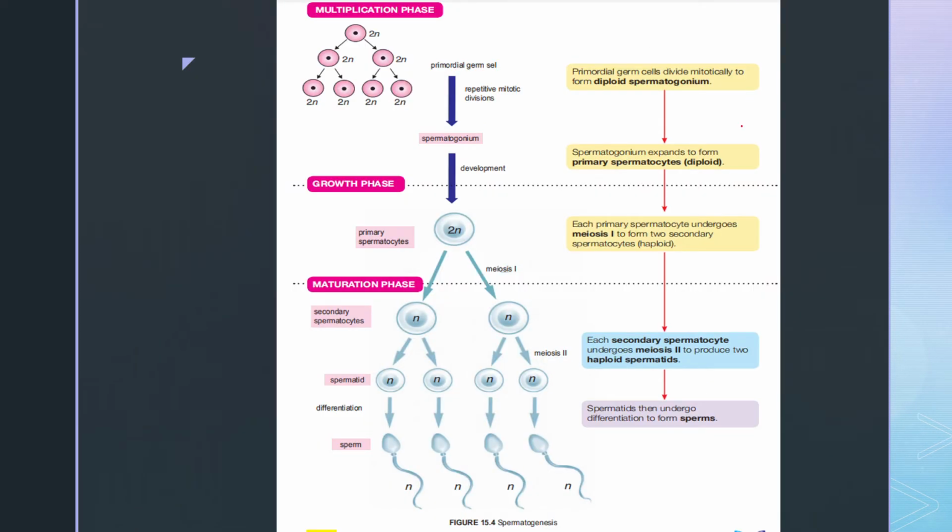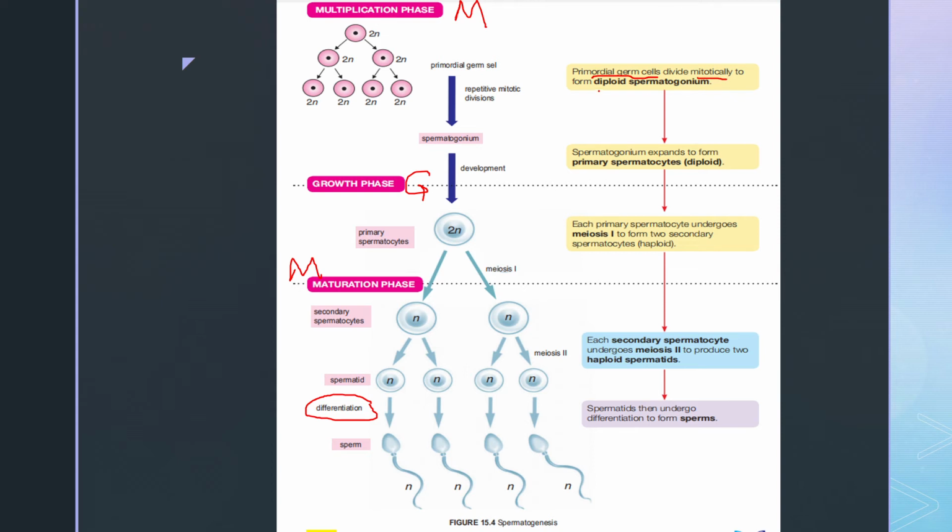So this is the process of spermatogenesis, where you can see there are three phases right here: the multiplication phase, the growth phase, and also the maturation phase. There is also a process of differentiation right here. So mark all these phases. We start with the primordial germ cells, which divide mitotically.